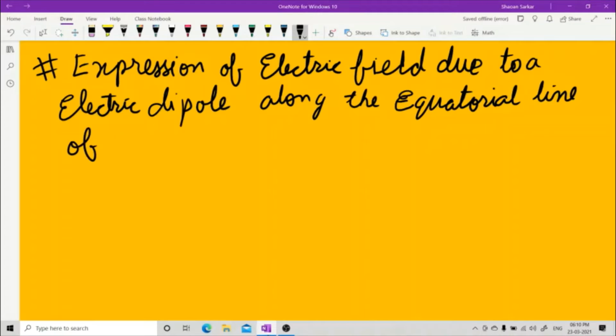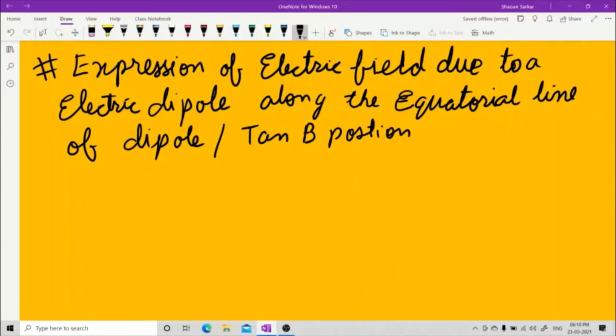Of course, here the dipole means the electric dipole only I'm talking about, also known as the tan B position, also called a broadside-on position. In some books you will see this name, that's why I'm writing this.